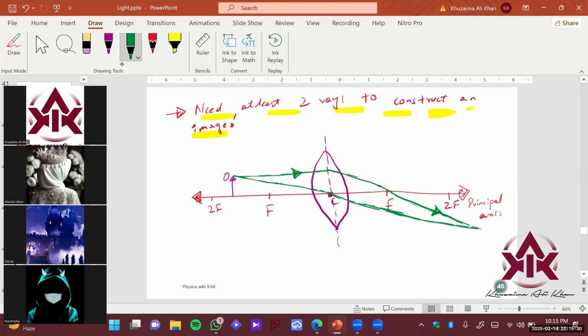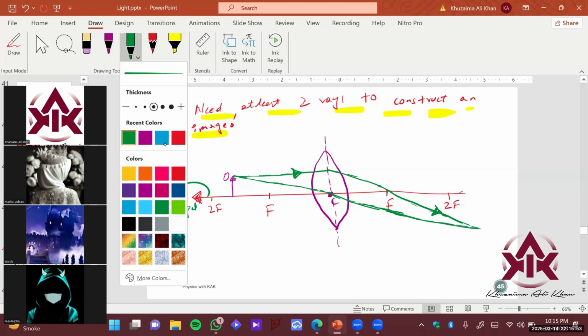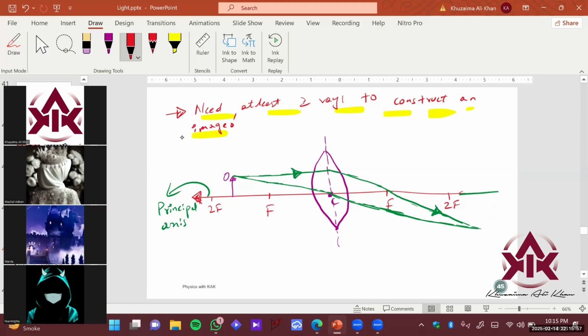Okay, so this is the point. We have the image. Let me put the principal axis here so I can see it clearly. This is the principal axis, and let me extend this. And this is the point where you have your image.